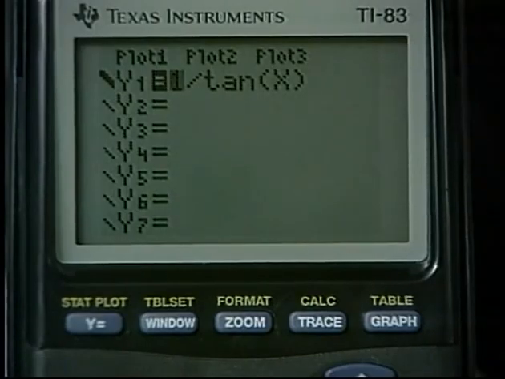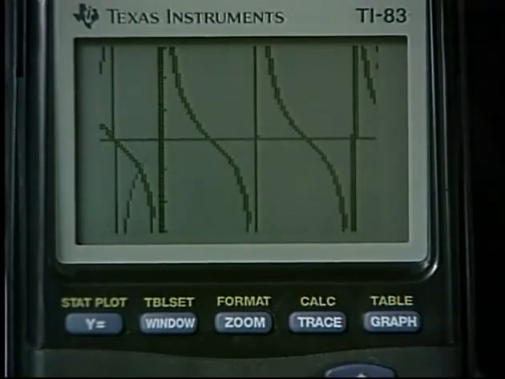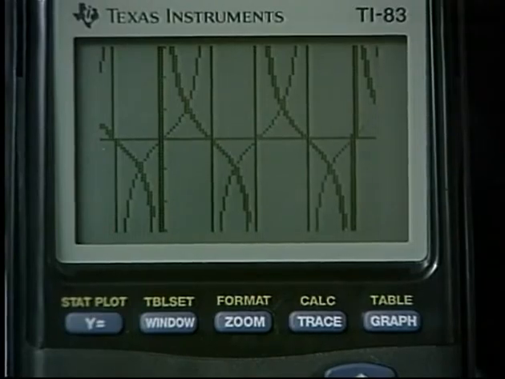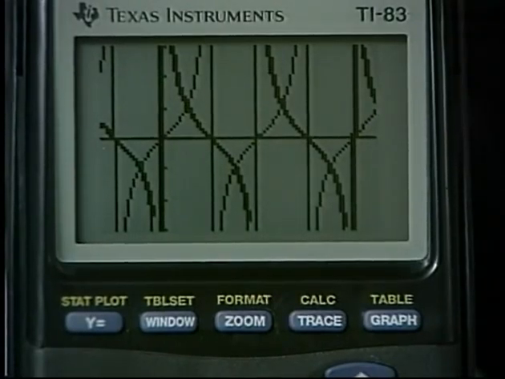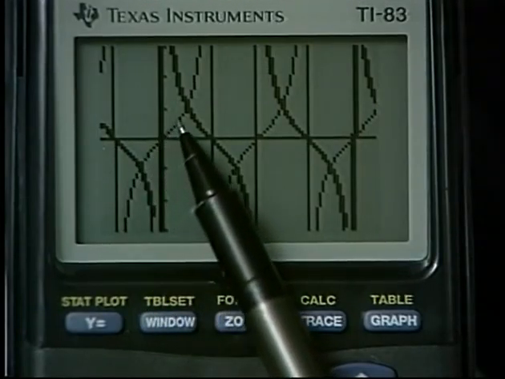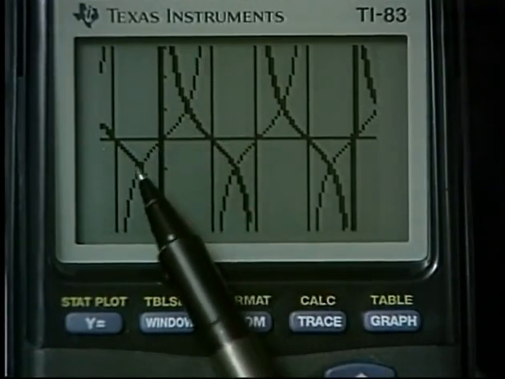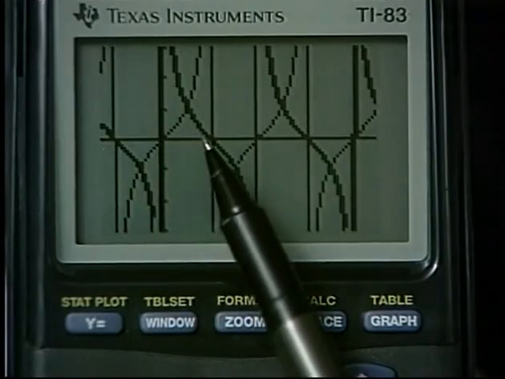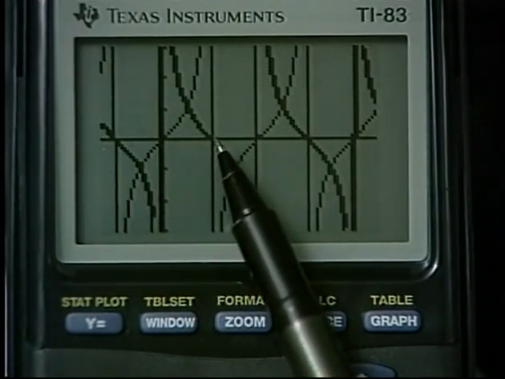I'd like to go back and just enter tangent x, and its graph then will make an appearance. Well, the coordinate plane looks particularly convoluted here because of all these vertical lines, but just understand that the tangent graph is the one that's coming up and it's regular dotted, and the heavy line is the cotangent of x.